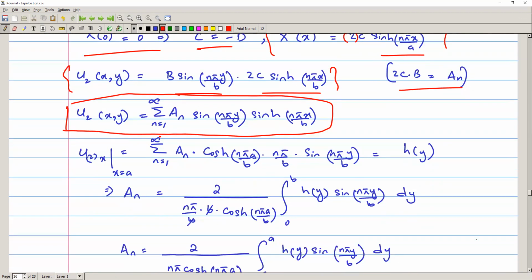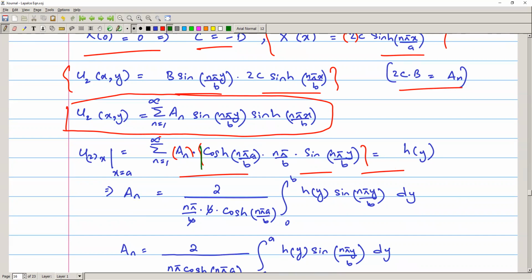So for the particular solution, now we need to compute the derivative because the non-homogeneous boundary condition is the derivative boundary condition. Derivative for this problem is here. Then we will compute this an, right, by simply keeping this an on the left hand side and shifting all these onto the right hand side. So this is a constant now, cosh of n pi a over b.